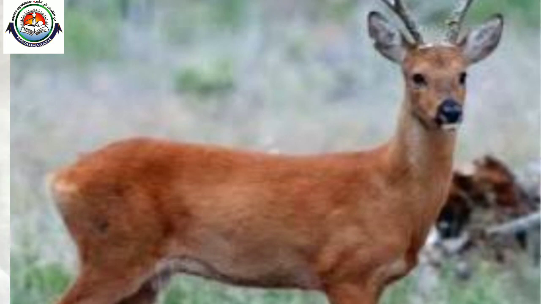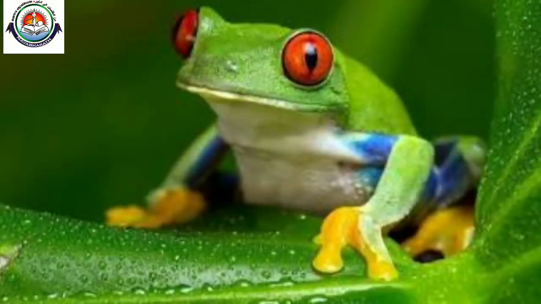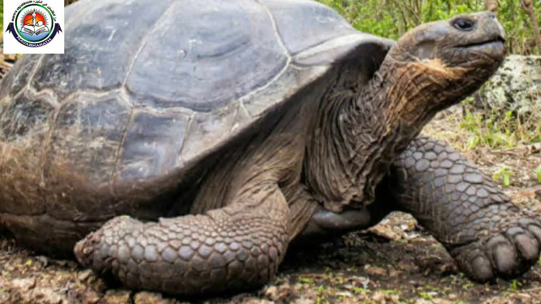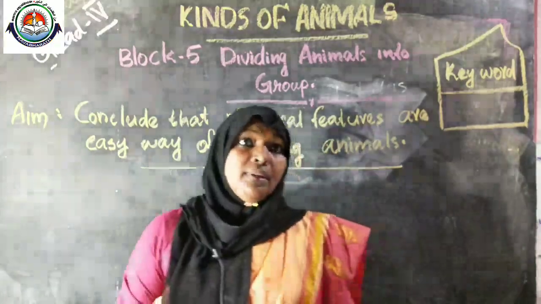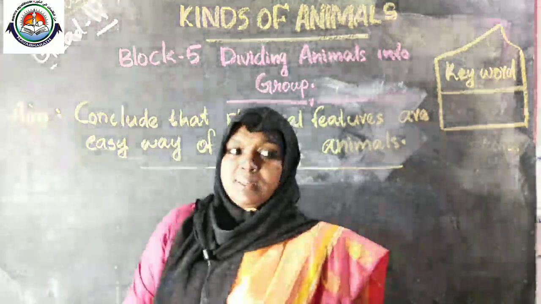Yes. A deer is a herbivore. Where does it live? Yes, it lives on land. Is a frog an omnivore? No, it's a carnivore. It lives both on land and in water. Is a tortoise a herbivore? Yes. Where does the meerkat live? Yes, very good. Meerkats live on land.